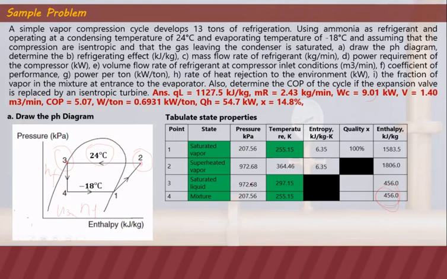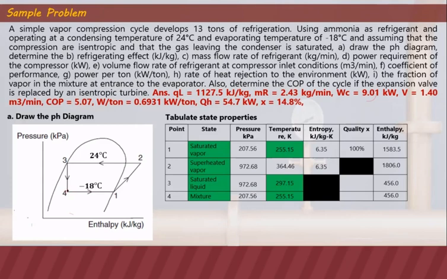Finally, we were able to get all the enthalpies that we will need later on for us to solve the different quantities. So we are just going to complete the table first by solving the quality at point 4. Since this is a mixture, meaning this has a quality. Quality is the amount of vapor that is present in that fluid.